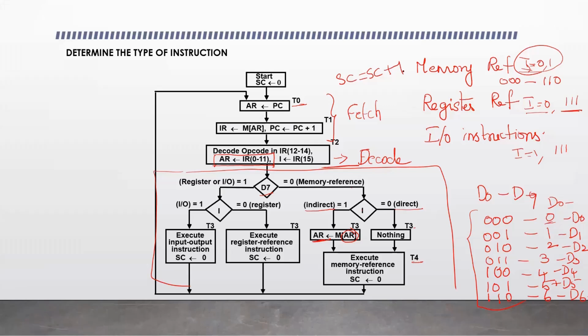If it has to be cleared, we need to write the statement clear SC, that is SC is 0. Otherwise, if this statement is not written, it by default increments the value by 1. So here SC is incremented, so we get T1 in the next step. And SC is incremented, so we get the timing signal T2.